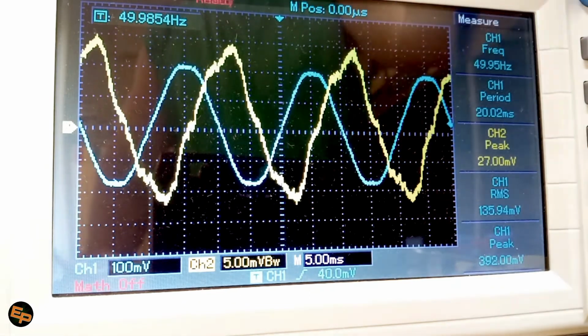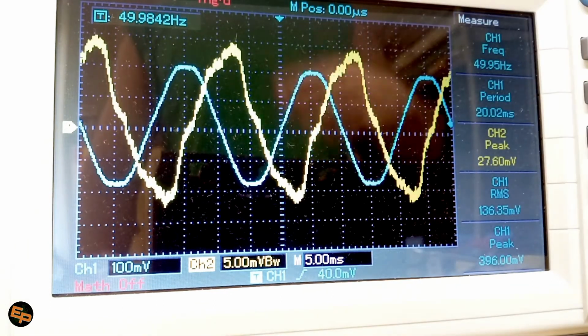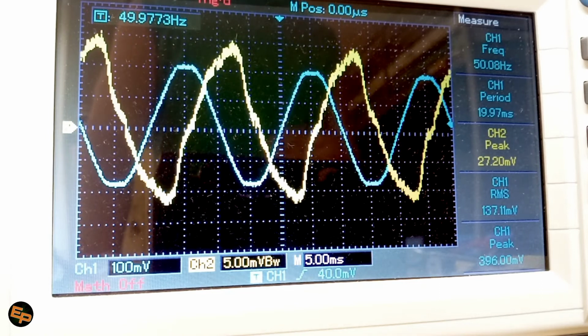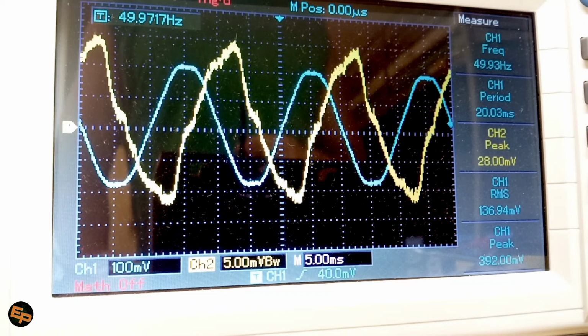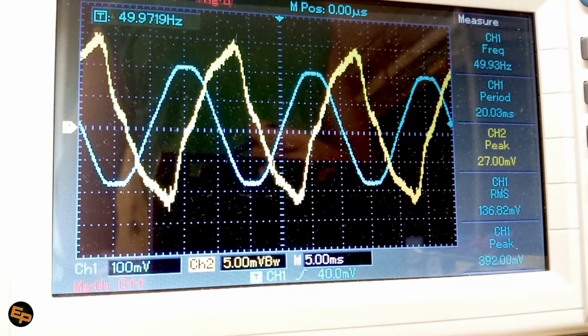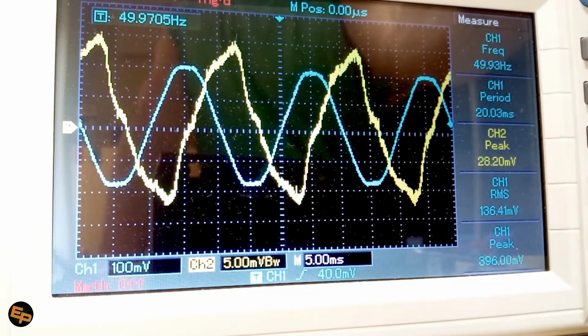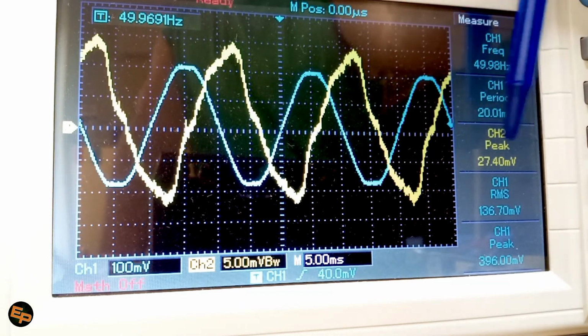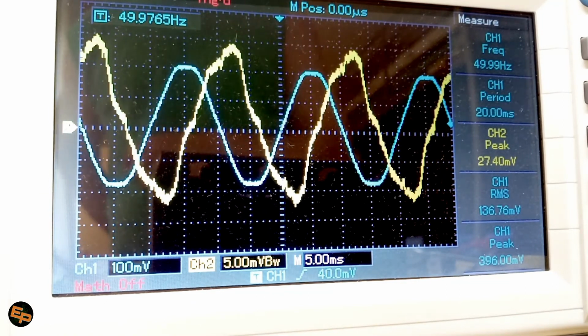On the oscilloscope, about 136 millivolts times 10, that's milliamps, right? So 1.37 amps. And for this, our do-it-yourself current transformer gives about 27 millivolts peak to peak of signal.